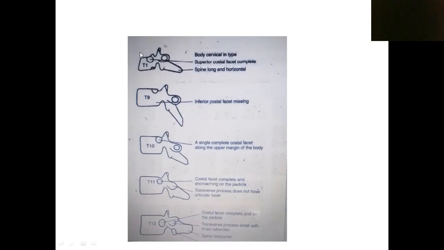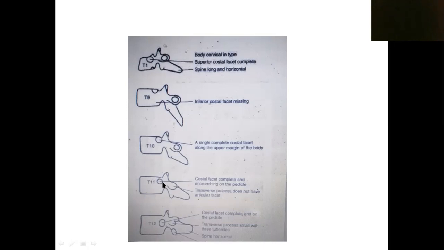See it again. The first thoracic vertebra has a superior complete articular surface and an inferior demi facet. Then the ninth has one superior demi facet. Then the 10th has one complete rounded facet towards the upper border of the body, and the transverse process also has a facet.